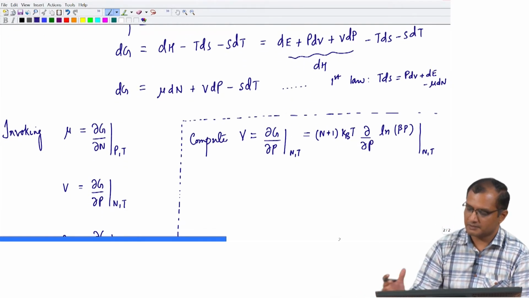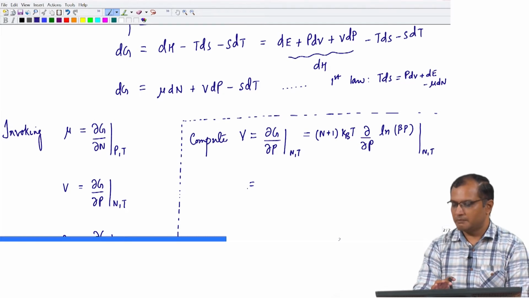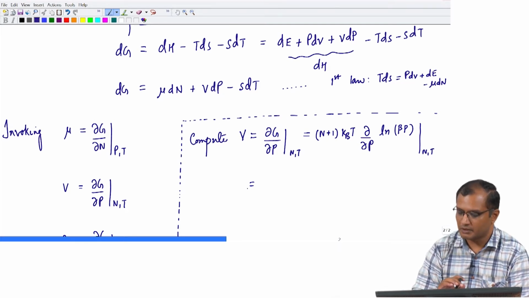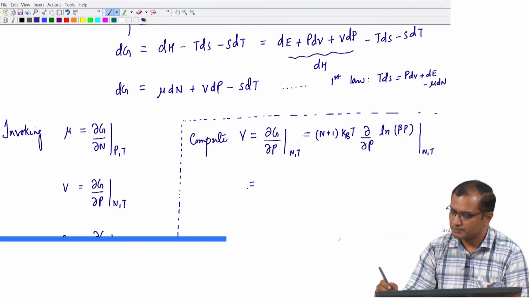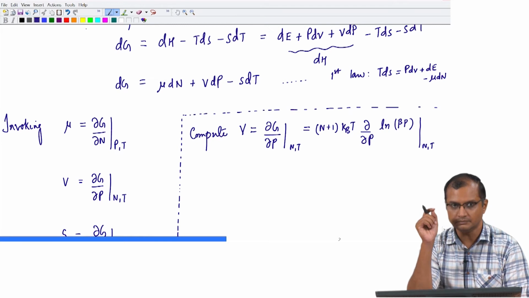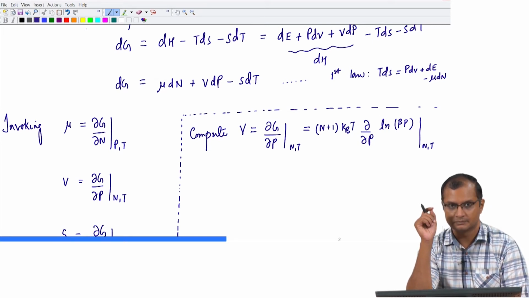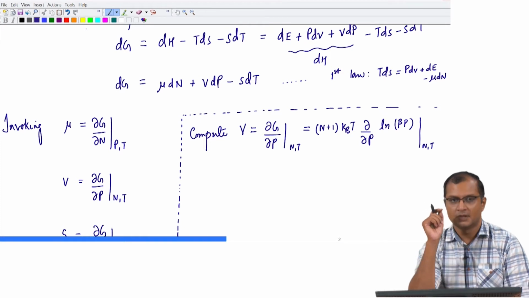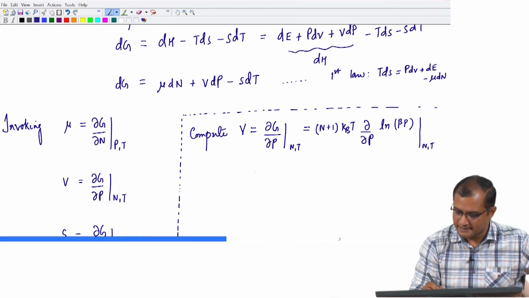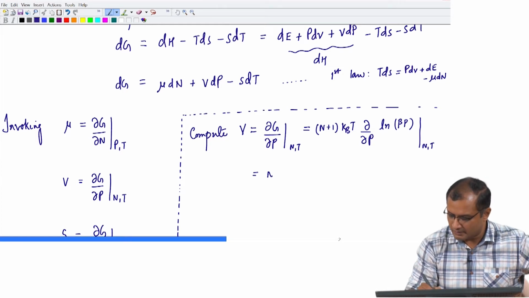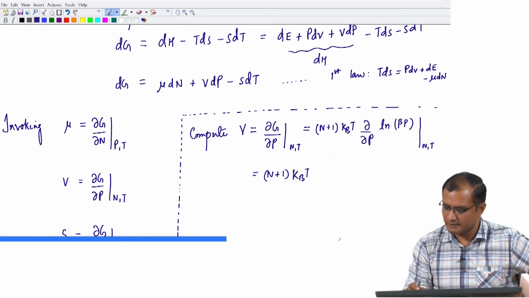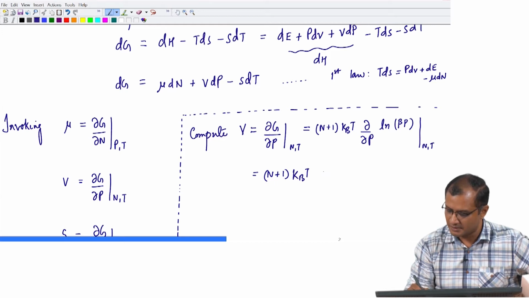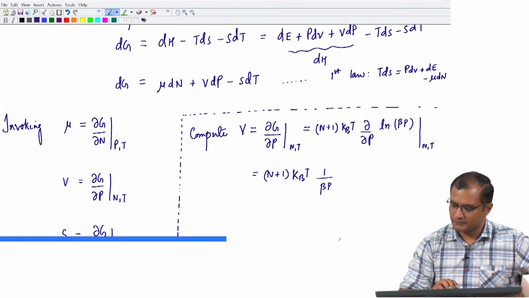Now, you can see that I can take the beta outside, it does not depend on pressure, okay. So, this can be very easily computed. So, you can write it as n plus 1 kBT, and the derivative of ln beta p is just 1 upon beta p into beta.